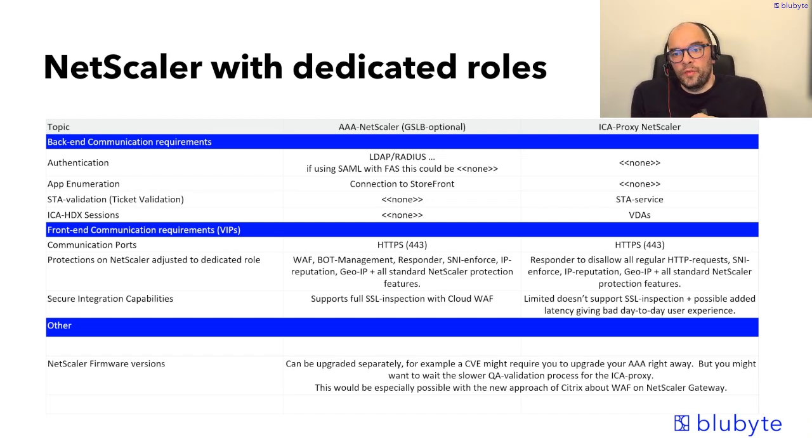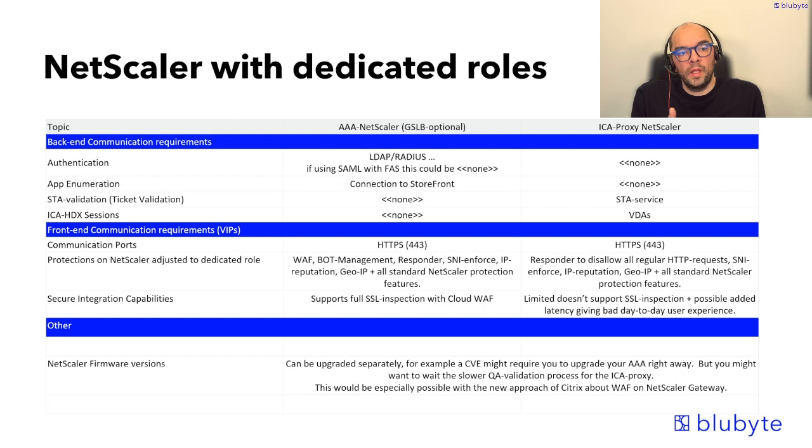The nice thing about splitting this out is also that the NetScaler firmware versions don't need to be exactly the same for both. Maybe on the AAA you want to upgrade faster, while the ICA proxy needs to be evaluated for performance a little bit longer. You can also scale the NetScalers differently, so the AAA NetScalers can be scaled in a different manner than the ICA proxy NetScalers.